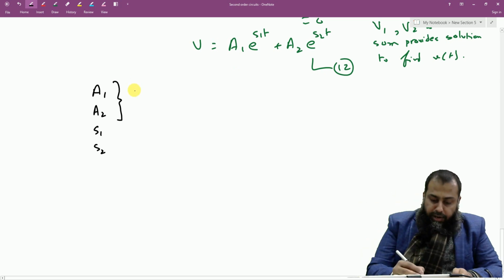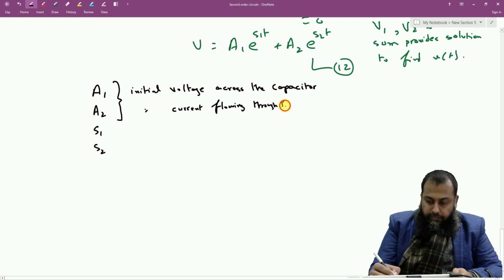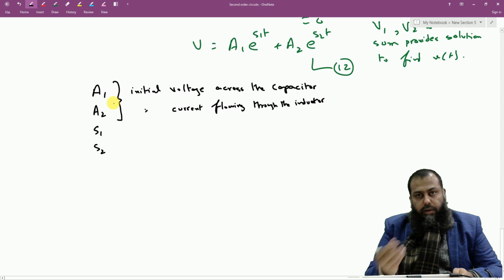So we need to find out the initial voltage across the capacitor and the initial current flowing through the inductor. So these a1 and a2 can be calculated using the initial conditions of the capacitor and inductor.